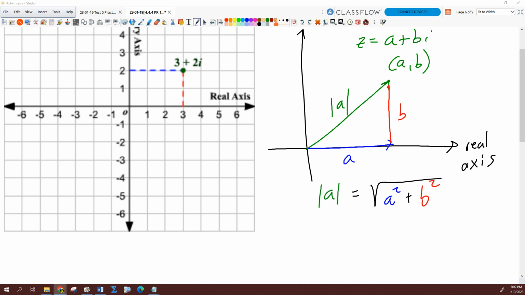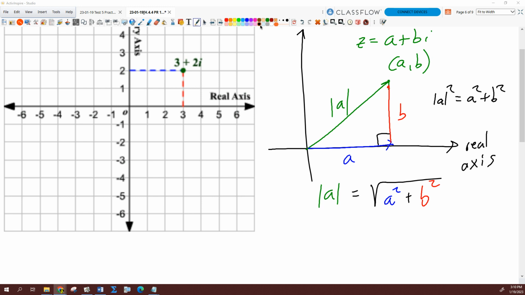Right? a squared plus b squared just equals modulus squared, right? Everybody see that? This is a right triangle, isn't it? So for a right triangle, I'm just going to write it this way: the modulus squared equals a squared plus b squared, leg squared plus leg squared equals hypotenuse squared, right?